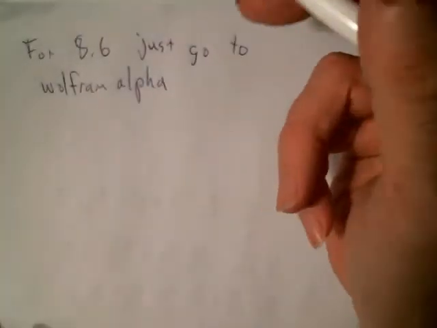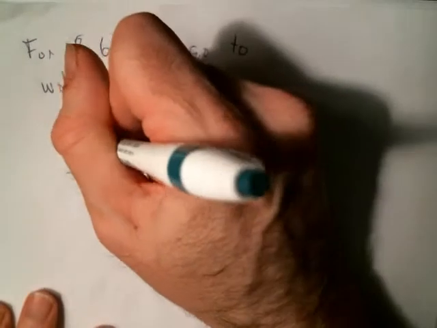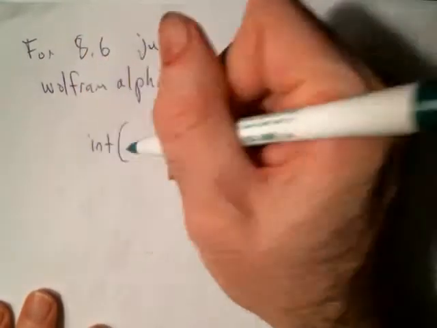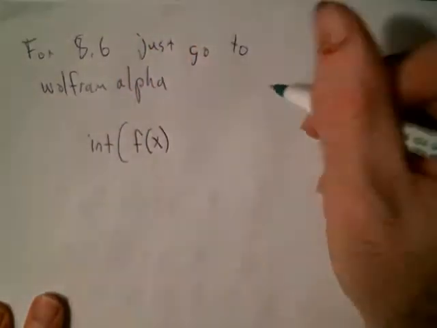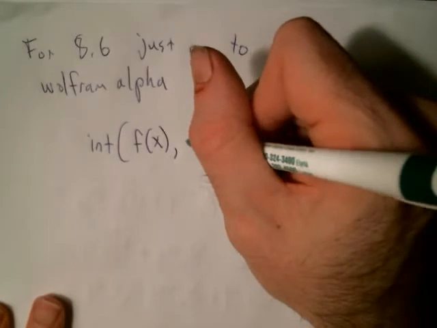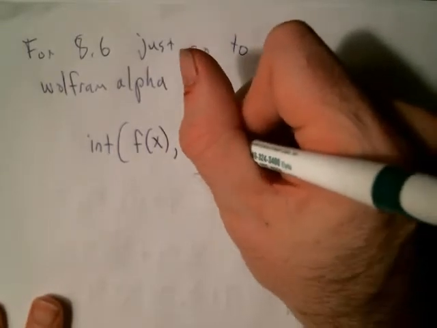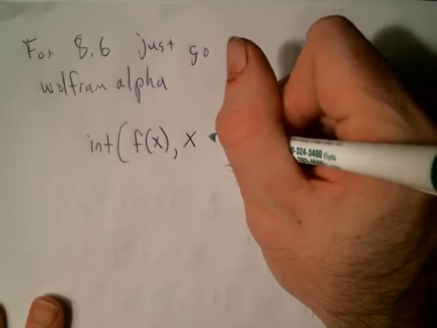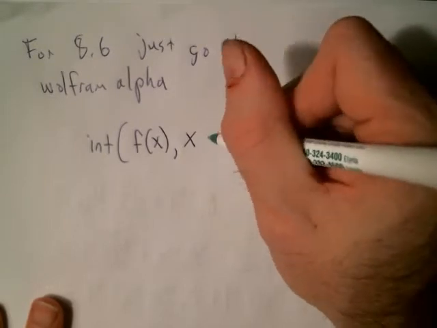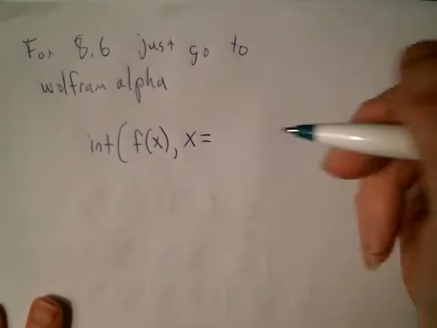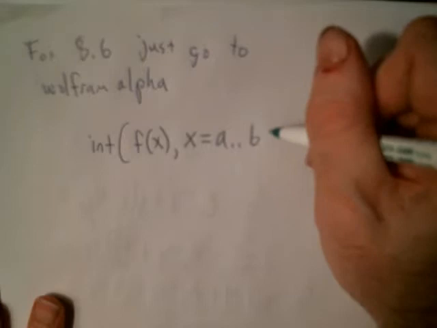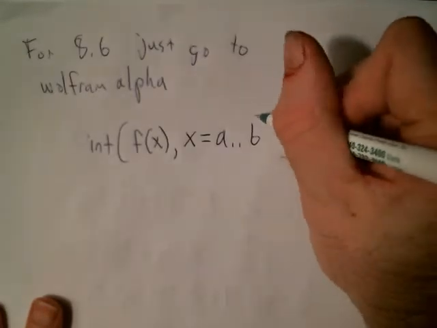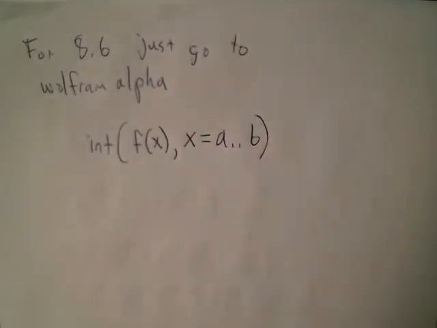There's tons of integrators online, but if you type in basically int, which means integrate, and then put your function that you're trying to integrate in right here, and then type comma, and then either just write x, which will give you the indefinite integral, or type x equals a dot dot to b, whatever your bounds or limits are on your integral, and then end parentheses. That thing will output the integral of pretty much anything you want.